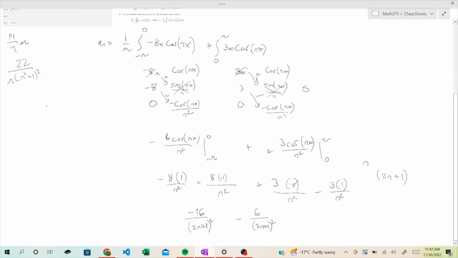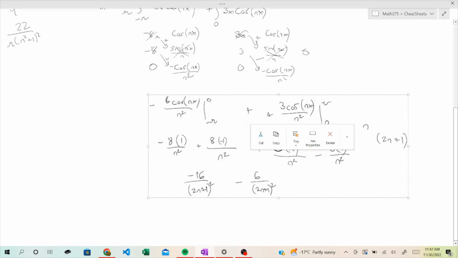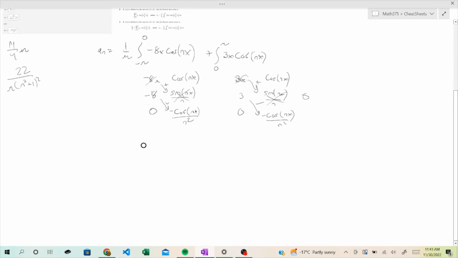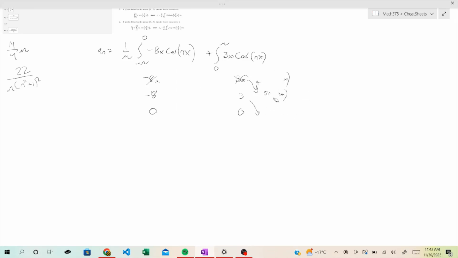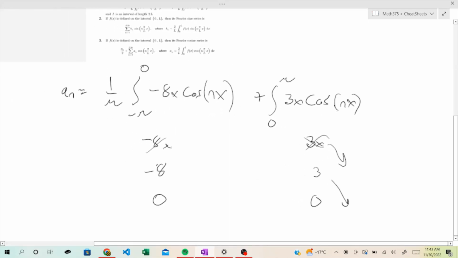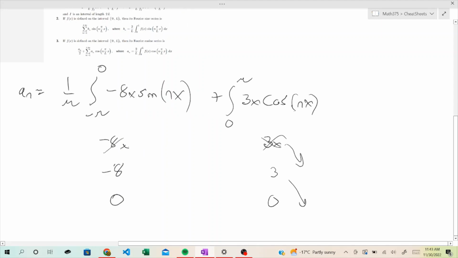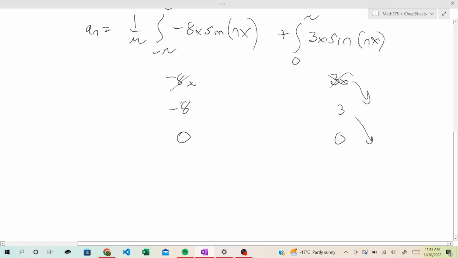For part 3, it's pretty much the same thing. We're just finding Bn. So the only difference is instead of cosine in the integral, put sine here. Sine and sine.